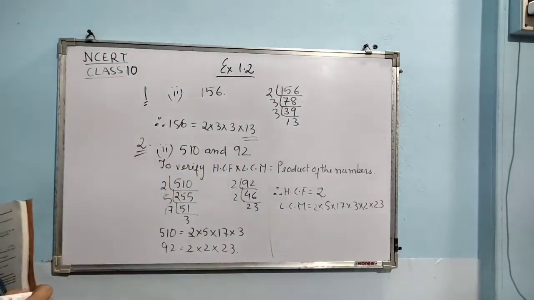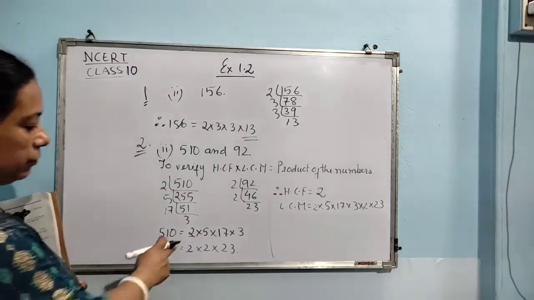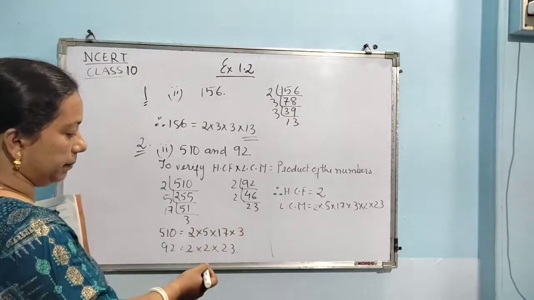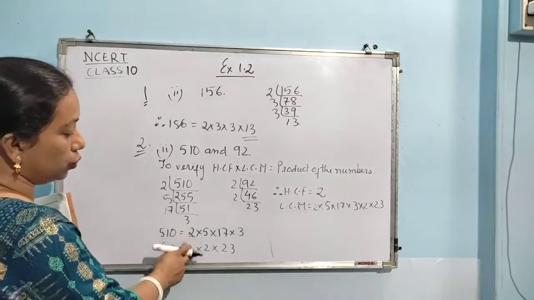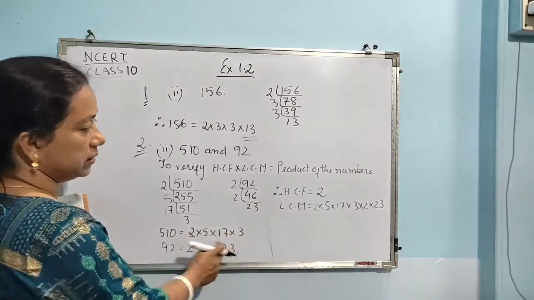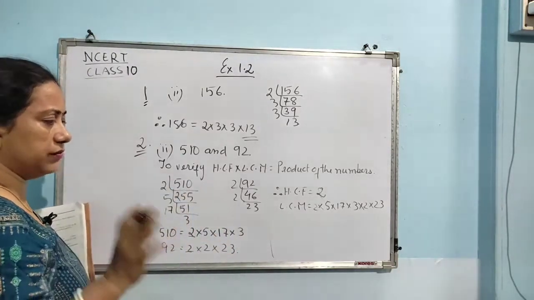So this is the total LCM. Have you understood how LCM, lowest common multiple, works? Since 2 is common, we take this 2 once, and all the remaining prime factors come for LCM. All of you know these things very nicely.